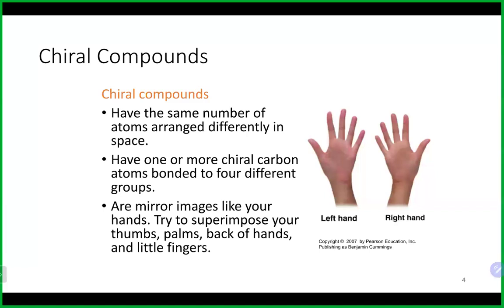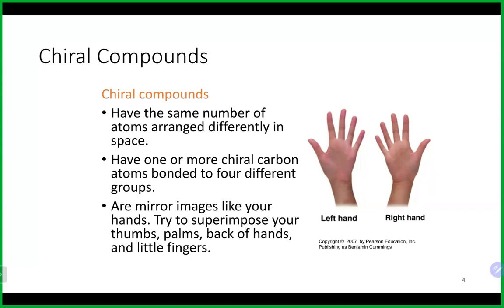You will never be able to superimpose it on the original perfectly. So even though I could do this and my thumbs are okay, one's palm up, one's palm down, so that's not good, right? If I go this way, everybody's palm down, but thumbs on the wrong side. So what a chiral compound is, it has a mirror image that is not superimposable.